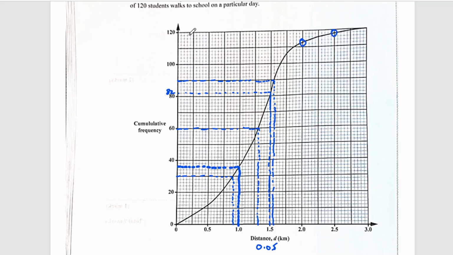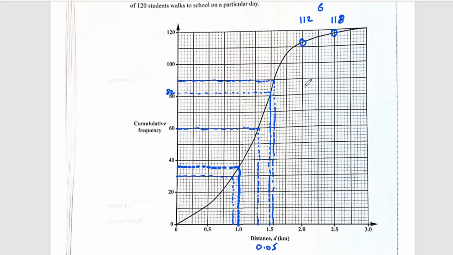This value here is 118. And this value here is 112. So if here is 118 and here is 112, the amount of students between these two points will be 118 take away 112, so we will get 6. So we have 6 students between 2 to 2.5.